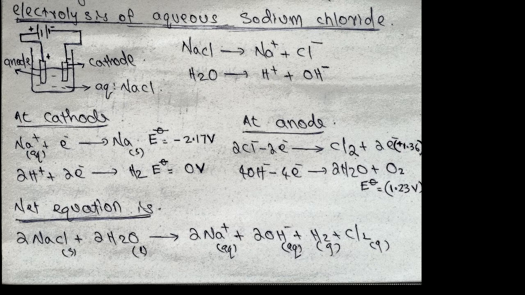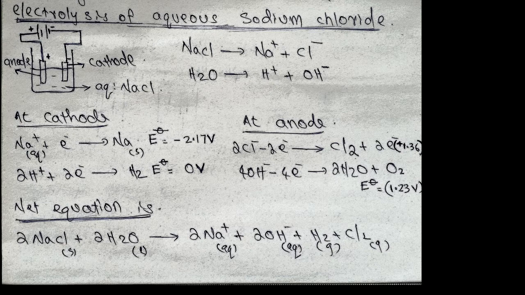Hydrogen gas will be deposited at the cathode. Similarly, there are two anions, Cl- and OH- ions, so there are two possible oxidation reactions at the anode. Cl- loses an electron and changes to Cl2. OH- is oxidized to water and oxygen gas. So the one with the lower value will be oxidized at the anode.